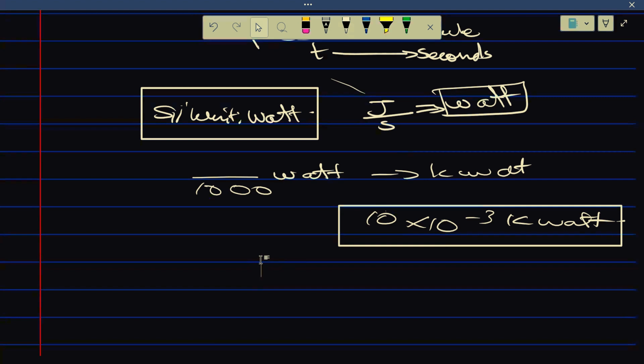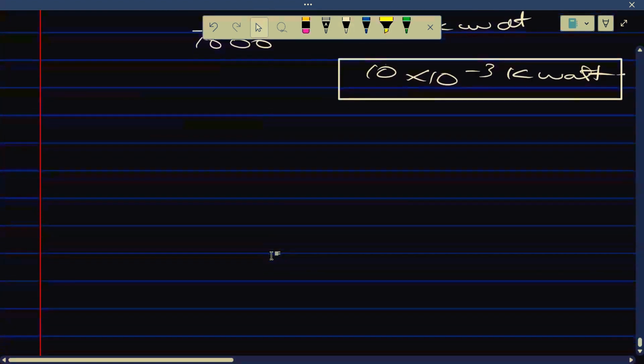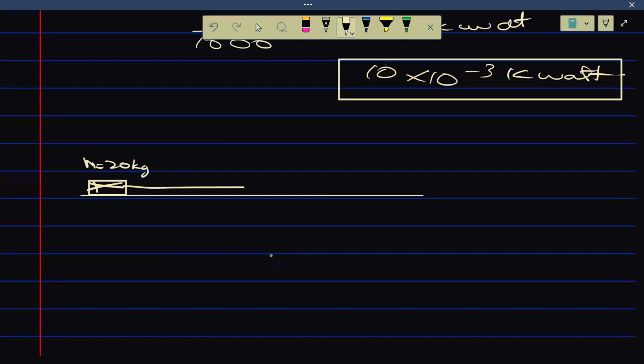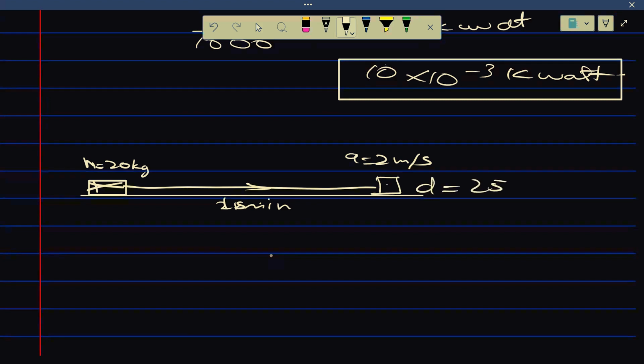Now let's do some past paper questions which are frequently tested. Let's do the first question. Suppose there is an object of mass 20 kg, and it travels with an acceleration of 2 meter per second squared in 2 seconds, and the distance covered is 25 meter.